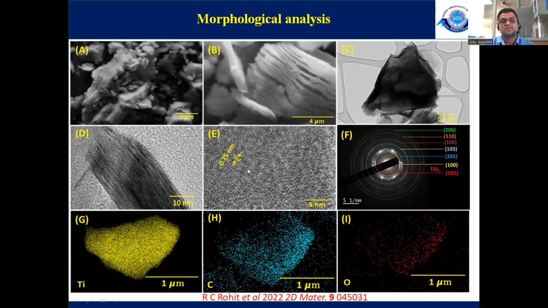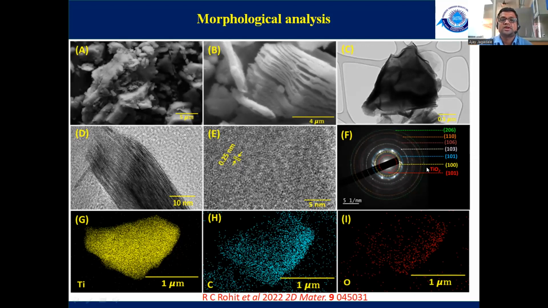Again, the high resolution magnification of this part is shown here. It shows fringes, the thickness of the fringes is around 0.25 nanometers, which corresponds to the 100 plane.